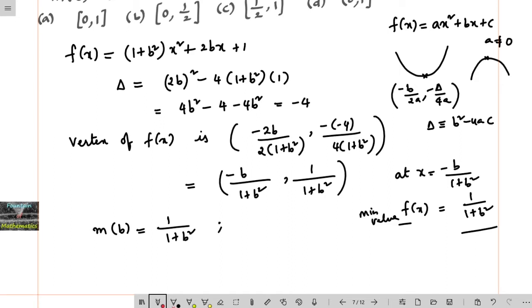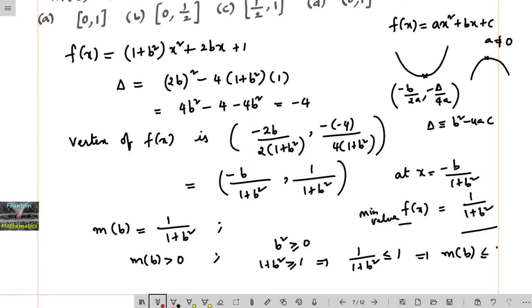Now since b square is positive anyhow, your m of b is always positive, always greater than 0. And since b square is greater than or equal to 0, 1 plus b square is greater than or equal to 1, which implies 1 upon 1 plus b square is less than or equal to 1. So m of b is less than or equal to 1.